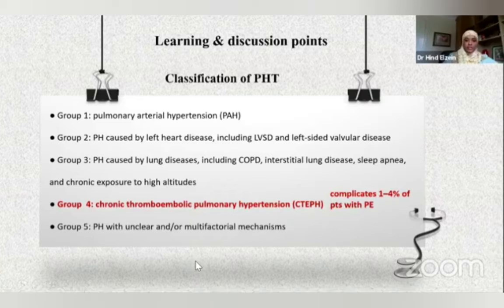I just want to mention here that our patient falls in group 4, which is the chronic thromboembolic pulmonary hypertension, and this category complicates 1 to 4% of patients with pulmonary embolism.